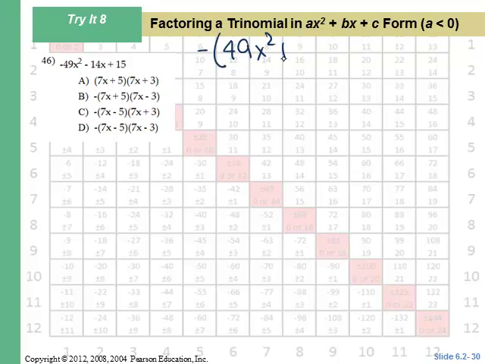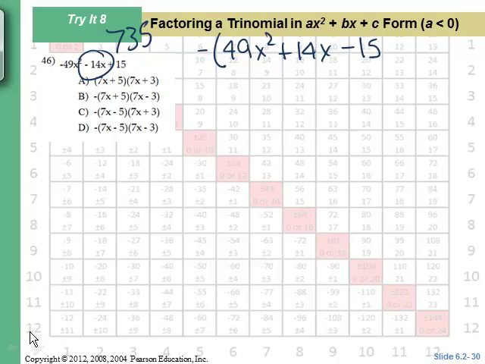49x squared plus 14x minus 15. We have to take 49 times 15, and we get 735. What two numbers multiplied equals 735 are 14 apart. Well, we know one of them's got to end in a 5, so let's try dividing it by 25. That didn't come out evenly.